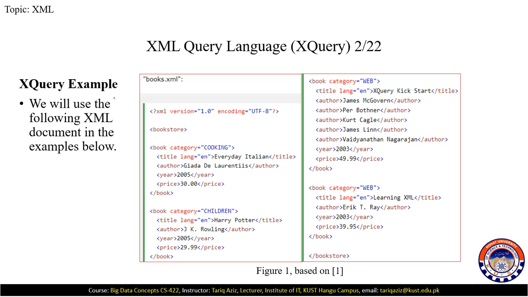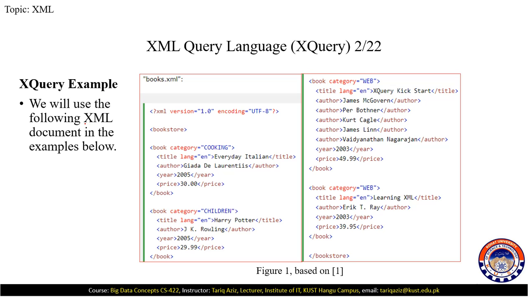Now, dear students, from now on, we will use this query language, and we will look at different queries and their expected results. So before going into the detail, we have to look at the XML document.